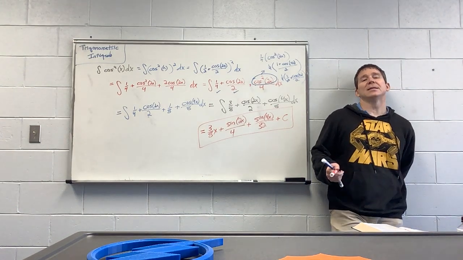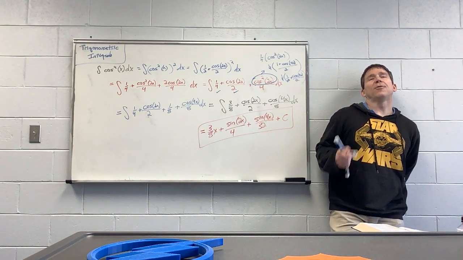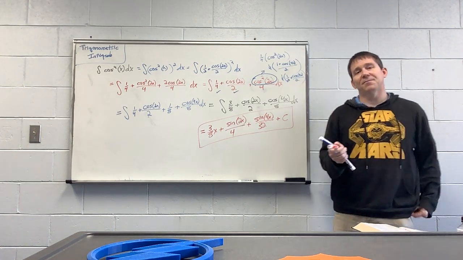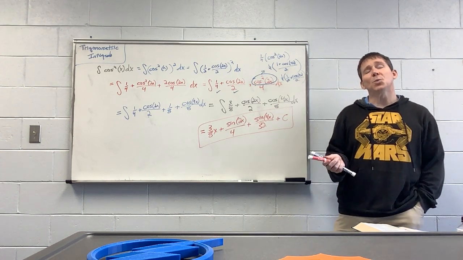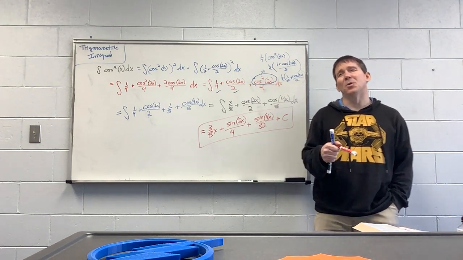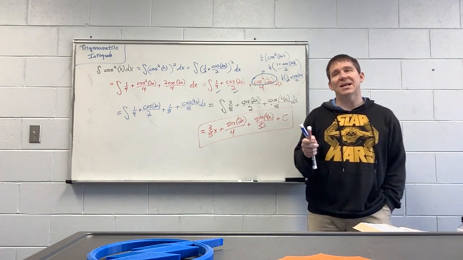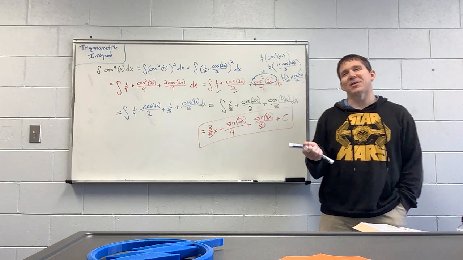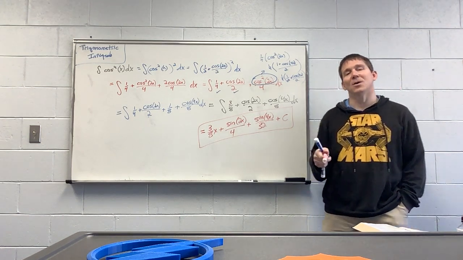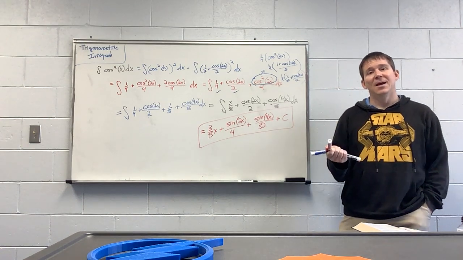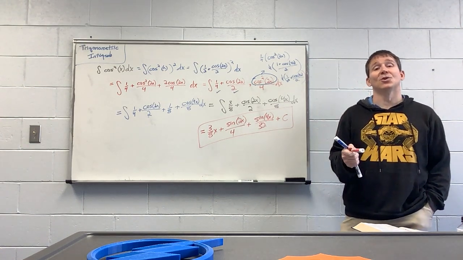But the point here is, from a problem solving perspective, if you have two trigonometric functions, see which one is the extra one. Once you have the extra one, that will usually dictate your u substitution. Then you'll just have to use trigonometric identities, usually the Pythagorean ones, to write everything in terms of one trig function, your u, and then do the u substitution and you're good.